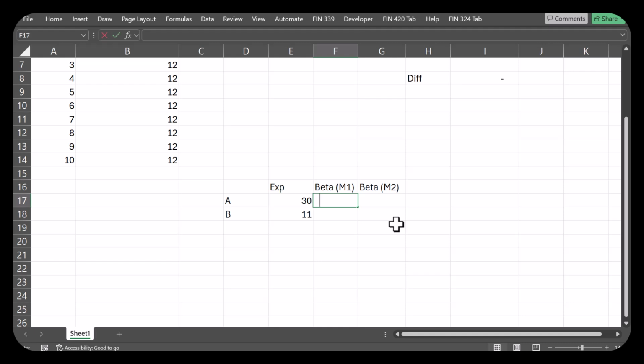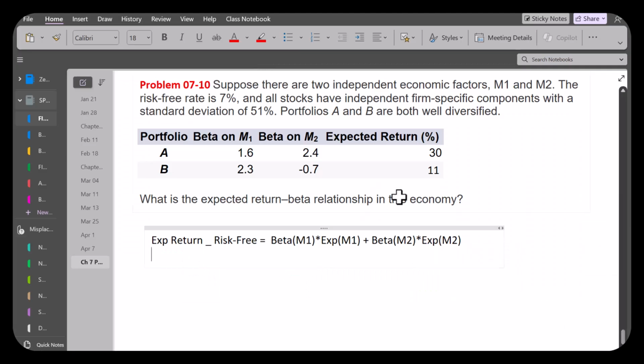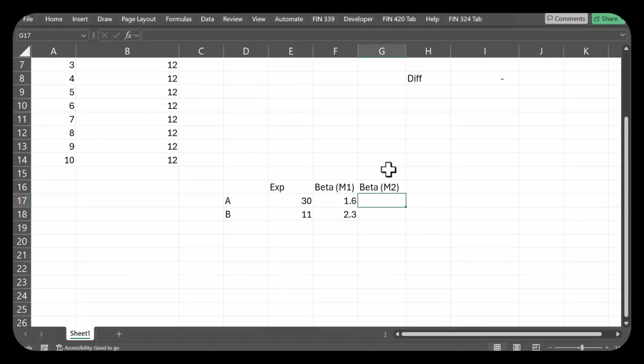Betas: 1.6, 2.3, 2.4, negative 0.7. All right. I have a risk-free rate.